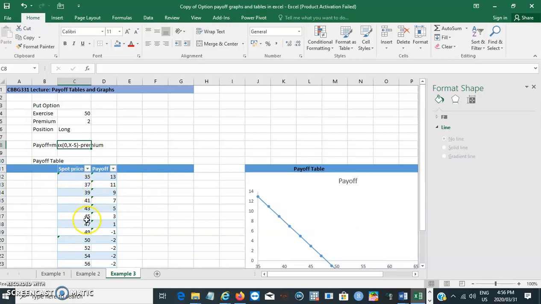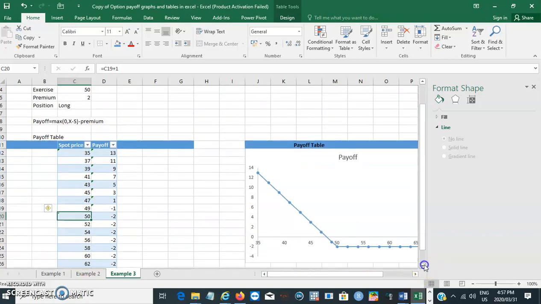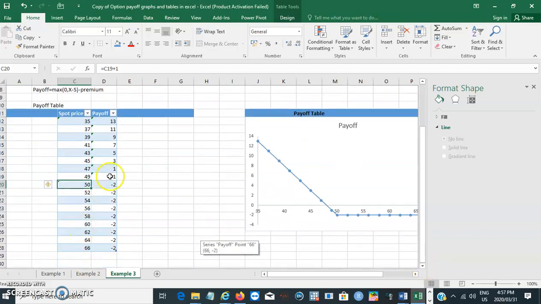Right, because my strike price is 50, I've just chosen to start at 35, from 35 to 50, then from 50 up to 66. Then I'm able to calculate these payoffs using this formula here, where X minus S minus the premium gives me the solution, and in this case X minus S will be 50 minus the spot price, and then minus my premium, which is 2 rand.